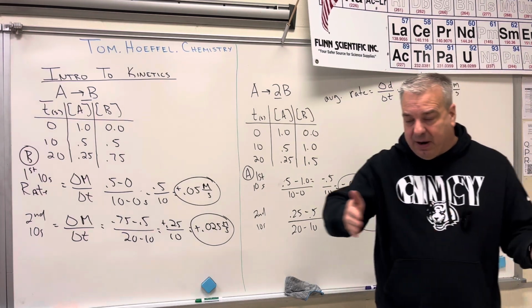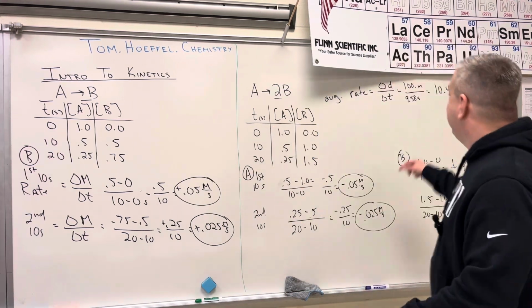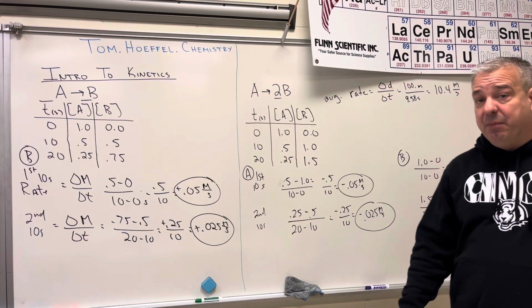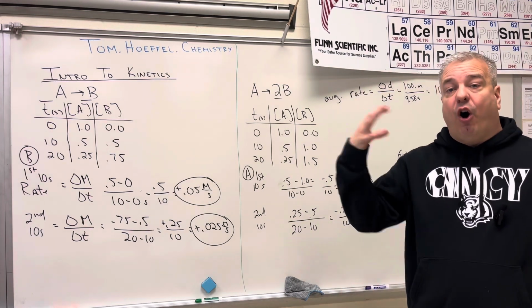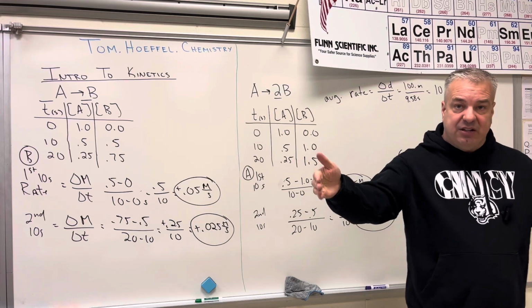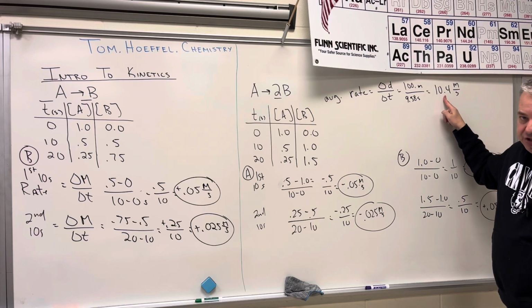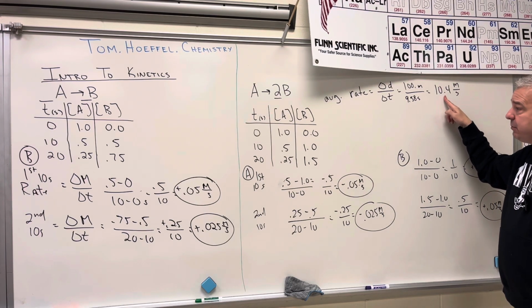In fact, it takes him probably 30 or 40 meters to get to his top speed, and his top speed is going to be greater than 10.4 meters per second. All we know is because we have the change in distance over the change in time, over that 100 meters, he's averaging 10.4 meters per second.